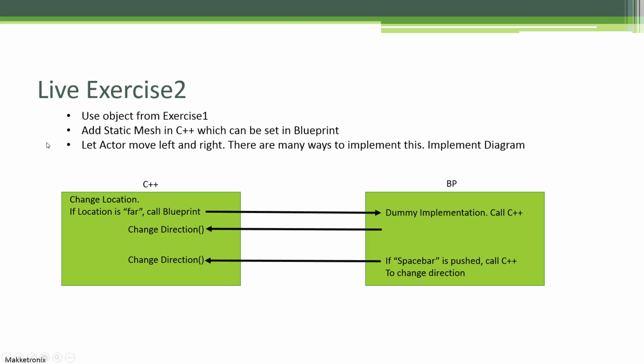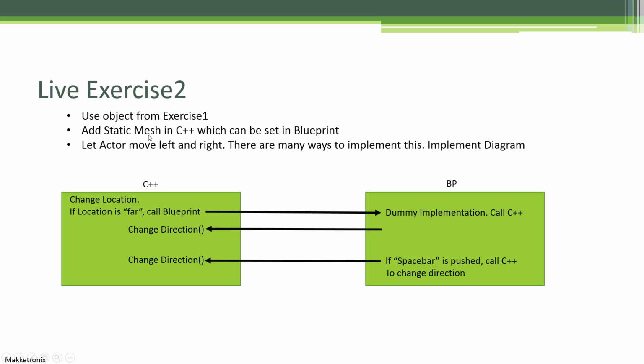So to see the example, we're going to go through the live exercise 2. We're going to use the object from exercise 1. We're going to add a static mesh in C++, which can be set in blueprint. By add, I mean add a reference. We're not going to instantiate the object in C++.